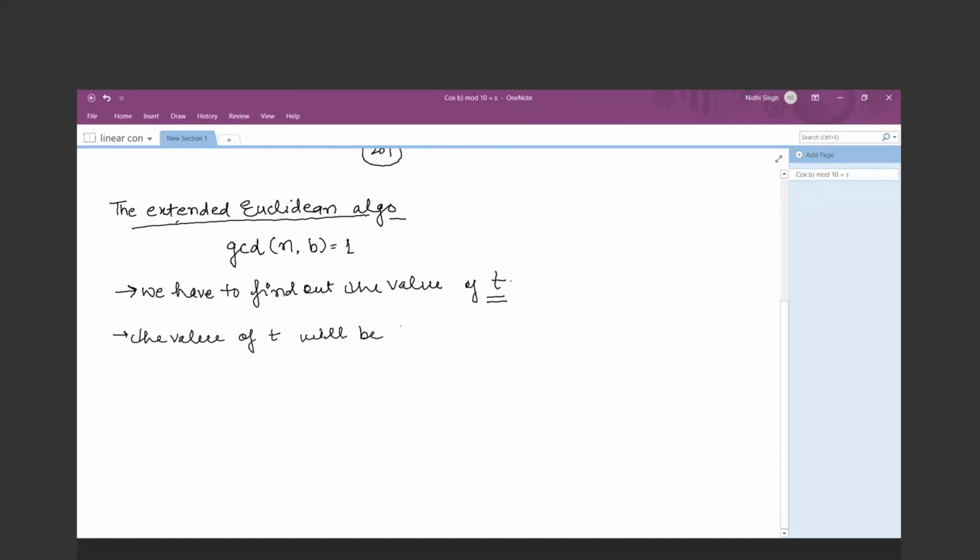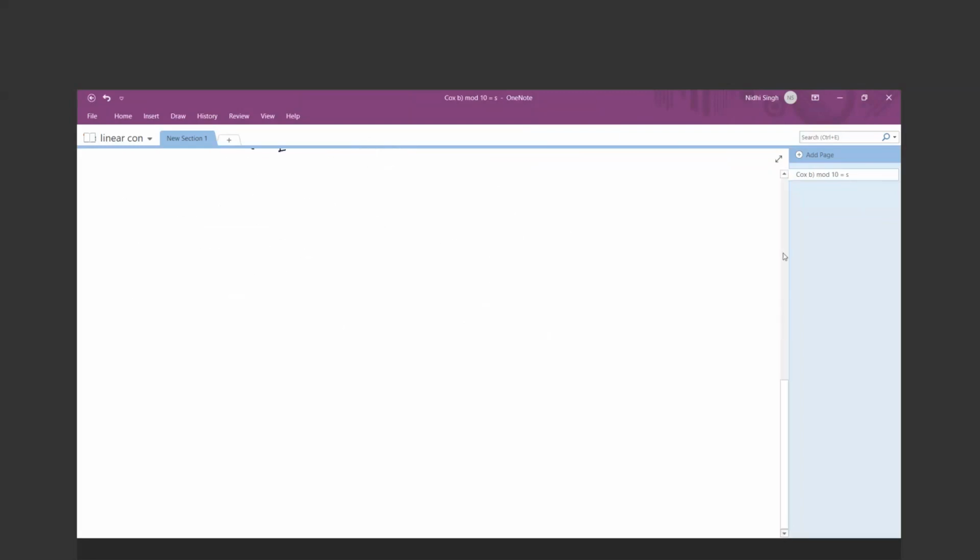Sorry, it should be t1. The value of t1 will be the multiplicative inverse of b in Zn. Okay, so let me write the algorithm first. Then I will state one example so that you can better understand what I am trying to say.